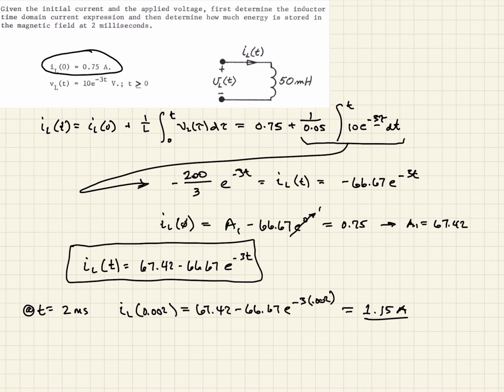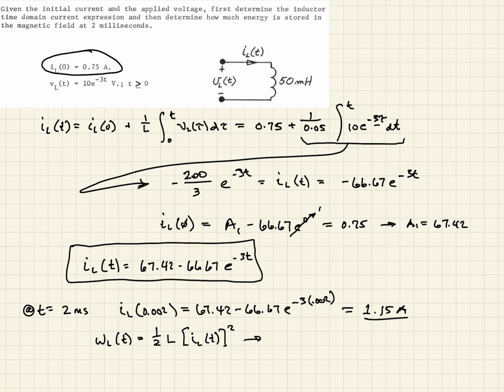And so we recall then that the energy stored in an inductor at some time t is equal to 1/2 times the inductance times IL at t squared.